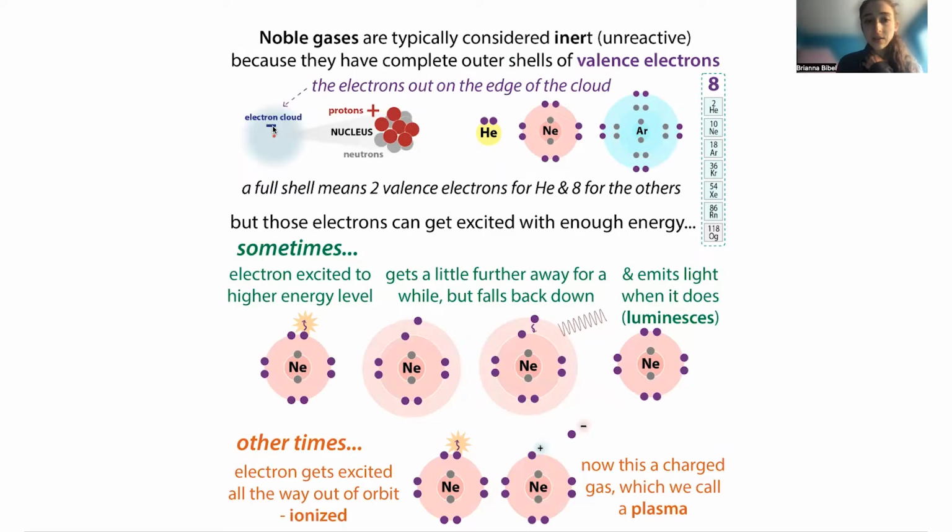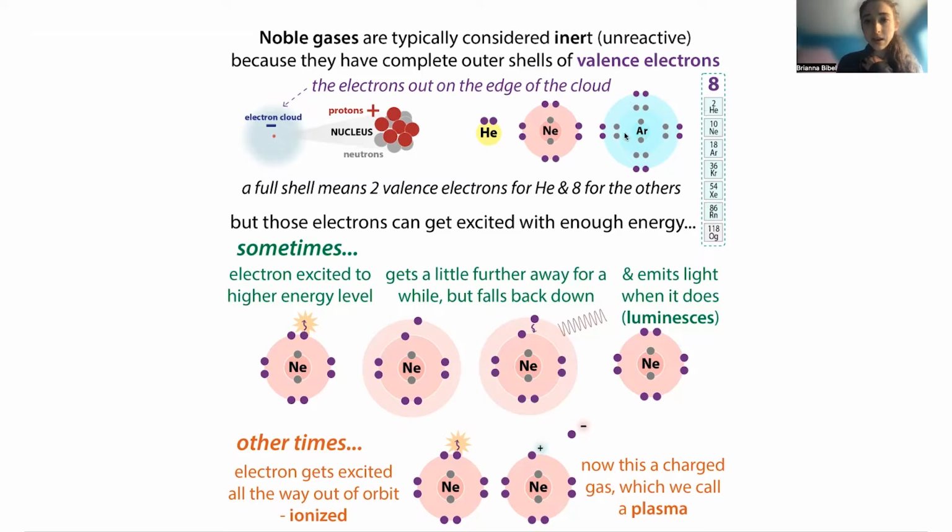Electrons are negatively charged, protons are positively charged. The positive charge of the protons helps rein in these electrons. And the farther away the electrons are from that positive charge, the easier it is for them to come off and react and things like this.